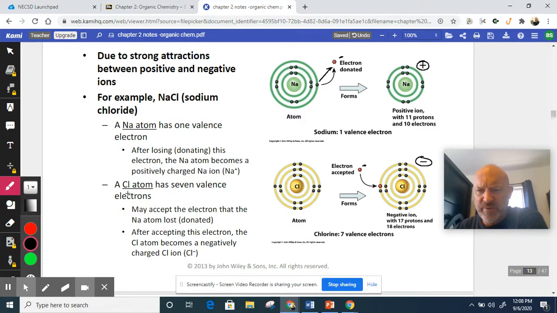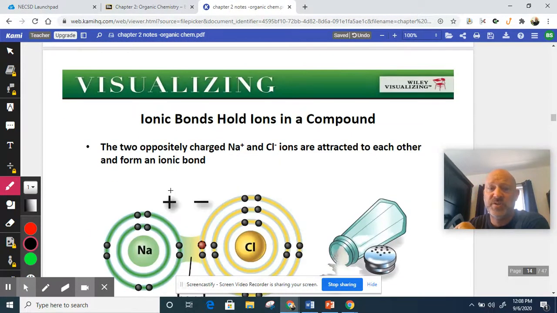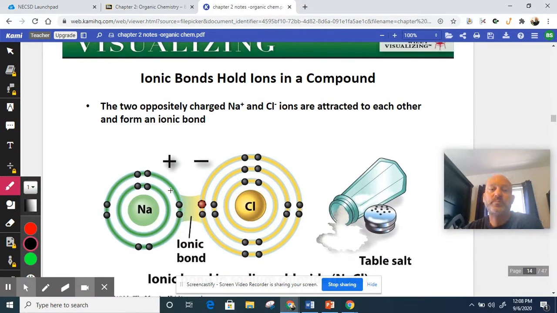Do you know what happens when we have atoms that are negative coming in close contact with other atoms that are positive? As you can guess, opposite charges attract each other.